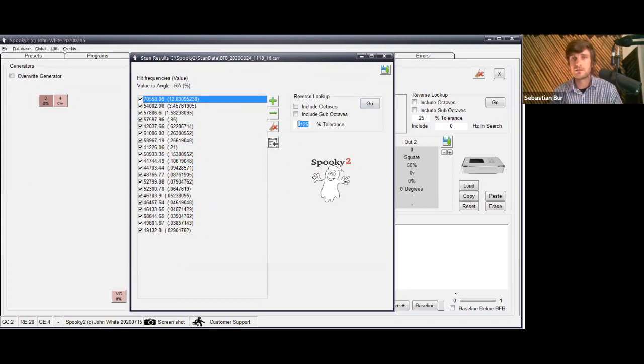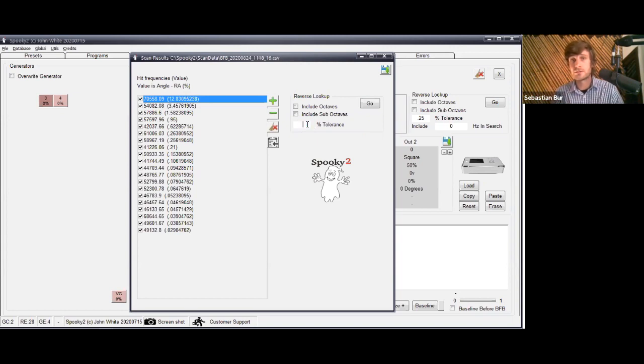And here you can click the tolerance. So let's say the tolerance is the amount of percent that it goes above and below the frequency that it found to go look for whatever that could be. So we have, for example, the 70,585,000 hertz, and now it will look a little bit above and a little bit below.